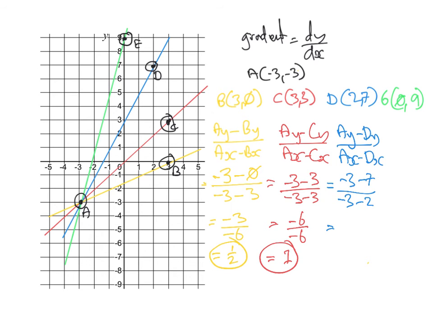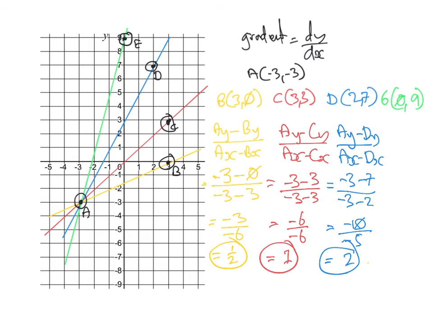So that gives us negative 3 take away 7 is negative 10, over negative 3 take away 2 is negative 5. So that gives us 2, which is what we expected. Blue is steeper than red, so its gradient must be a bigger number. And 2 is bigger than 1.